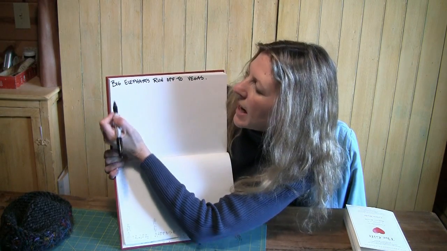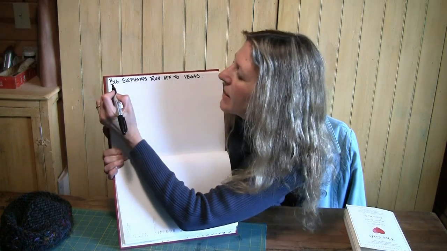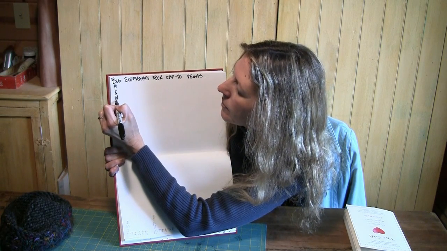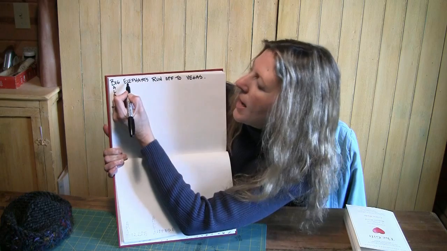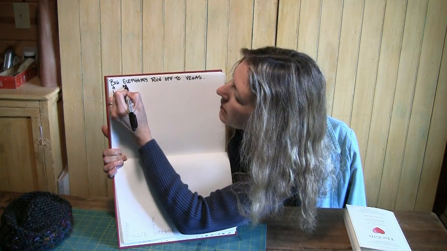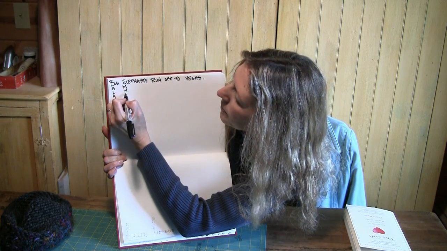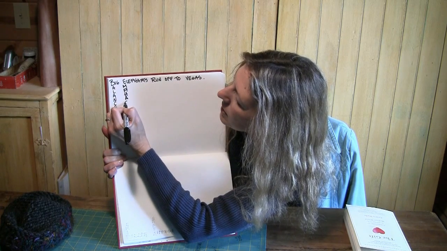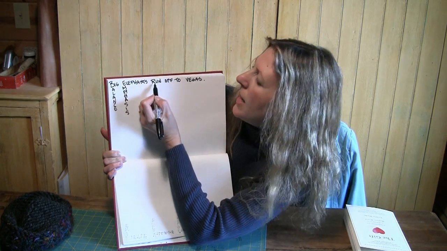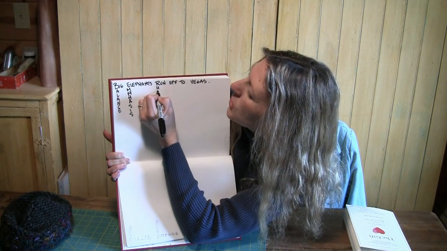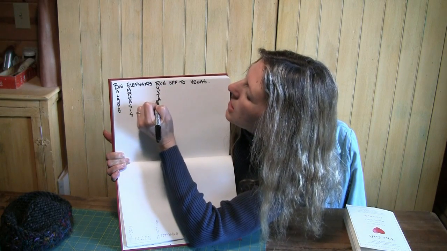The word that goes downward from big is balance. That's our first principle. And downward from elephants is emphasis. And this one, run, is rhythm, R-H-Y-T-H-M.